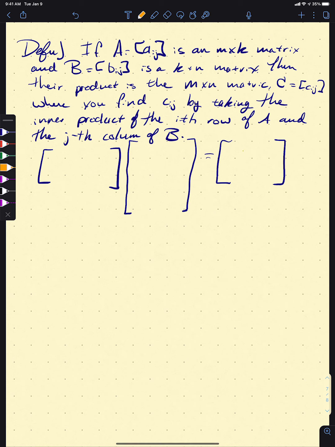If we have some element in here, some Cij, our definition says we need to look at the ith row of A. That's going to be some set of elements like this.